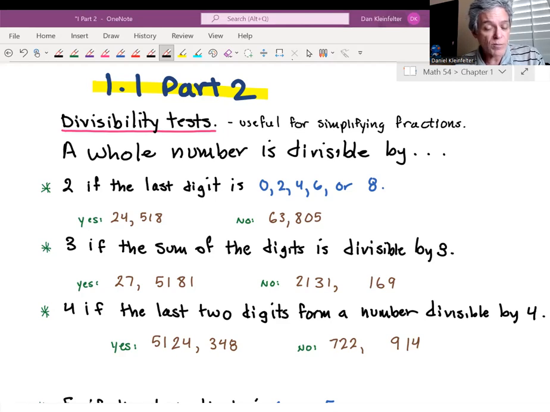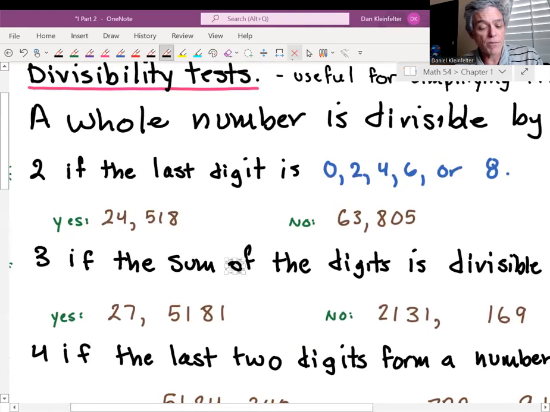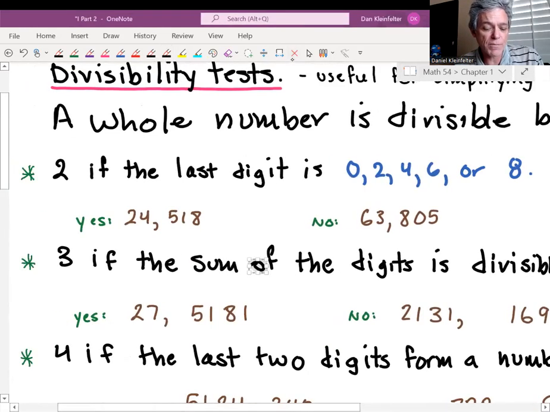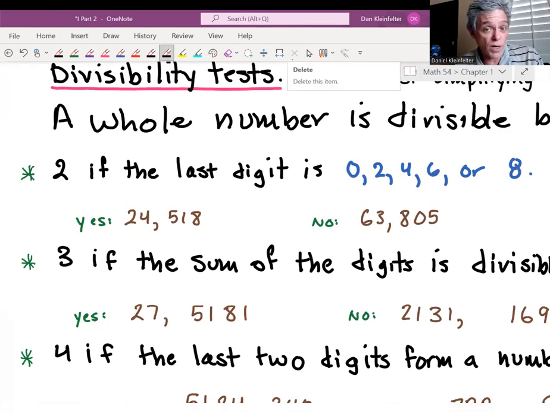If a number is divisible by 2, it's an even number, and its last digit is either 0, 2, 4, 6, or 8. So, for example, the numbers 24 and 518 are both divisible by 2. They're both even. The last digit of 24 is a 4. The last digit of 518 is an 8.